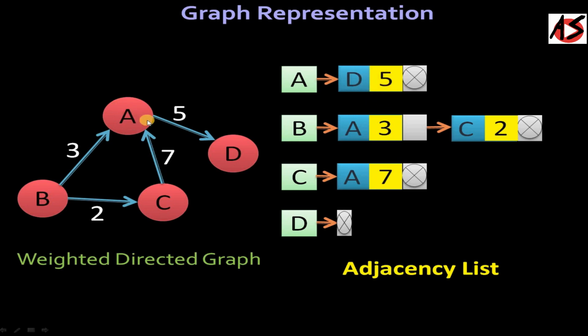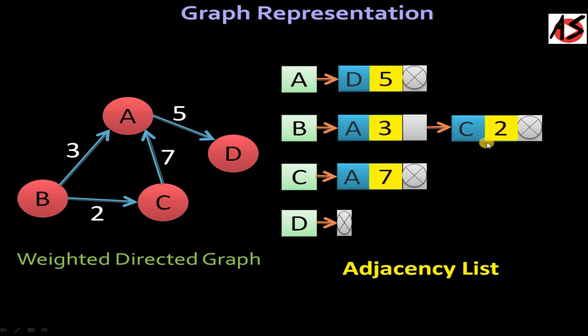Now for B, B is connected with A and C. So B points to A, and the weight of B to A is 3, which you store in the data part. Similarly for B to C there is a weight 2, which you store here in the node.